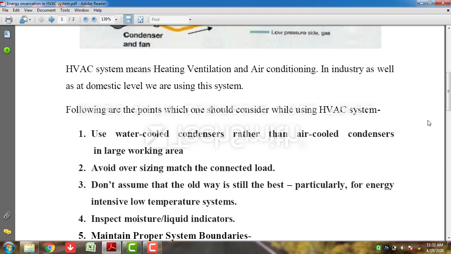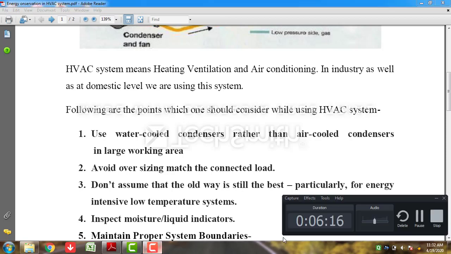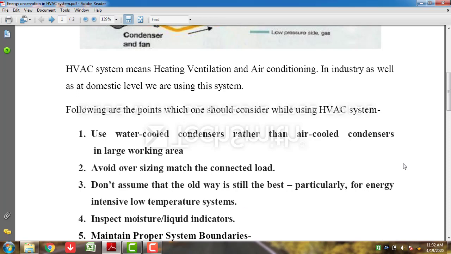Why are we using a water compressor instead of an air compressor? Because an air compressor has limitations of working area. It can't work in a big area. So here we discuss one by one point.